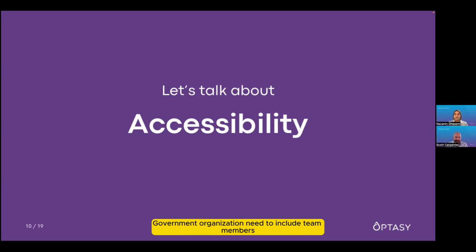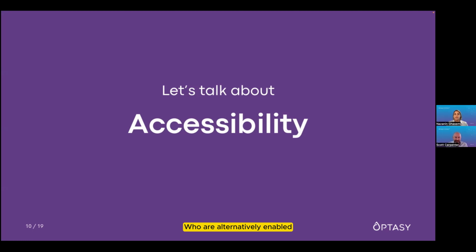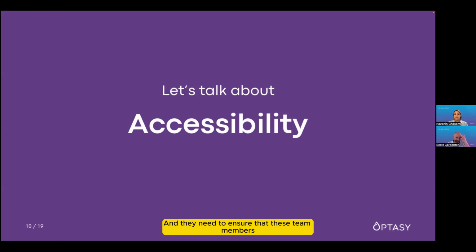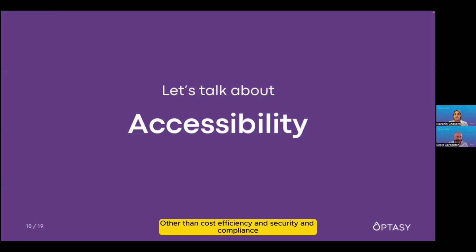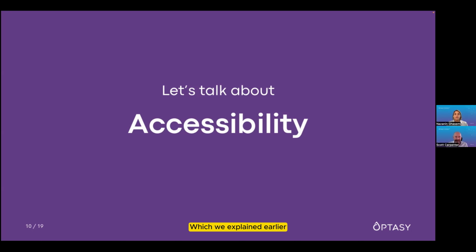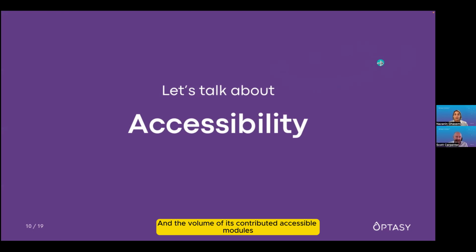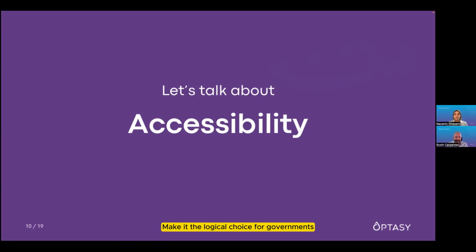Because government organizations need to include team members who are differently abled, and they need to ensure that team members can perform their duties well. Other than cost efficiency and security and compliance, which we explained earlier, Drupal's customizability and the volume of its contributed accessible modules make it the logical choice for governments.